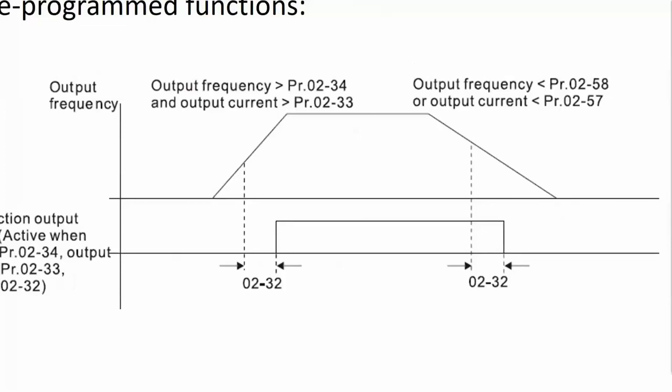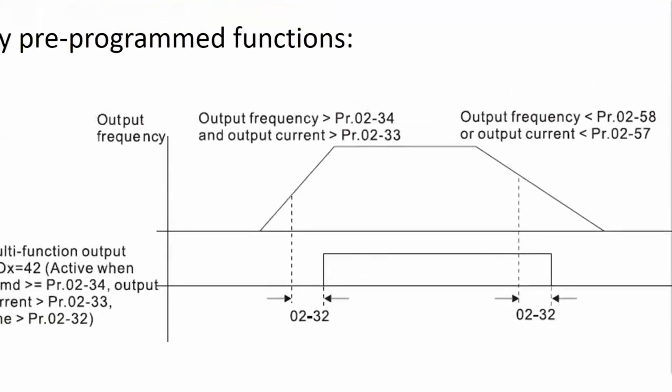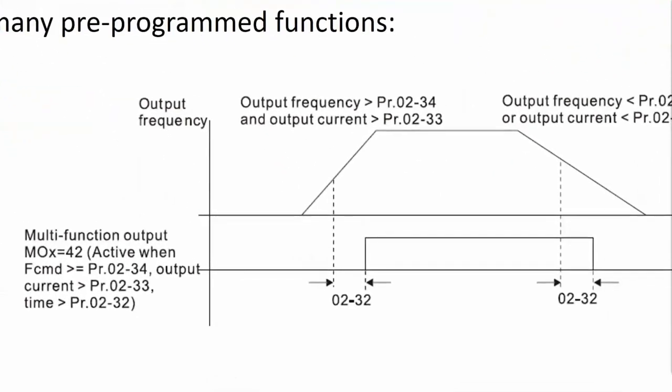And then you can also program the frequency and current at which the mechanical brake should close, or engage. And please note that in order to open the relay which controls the mechanical brake, you have an AND function between the output frequency and output current.